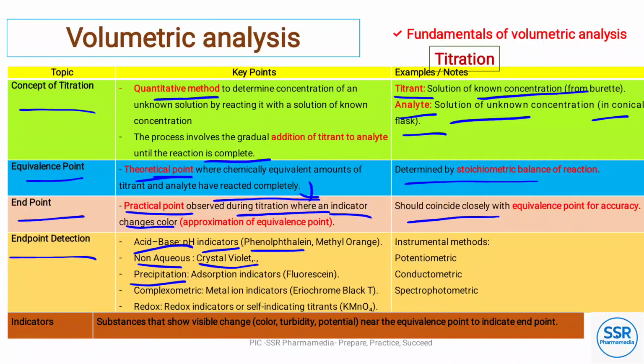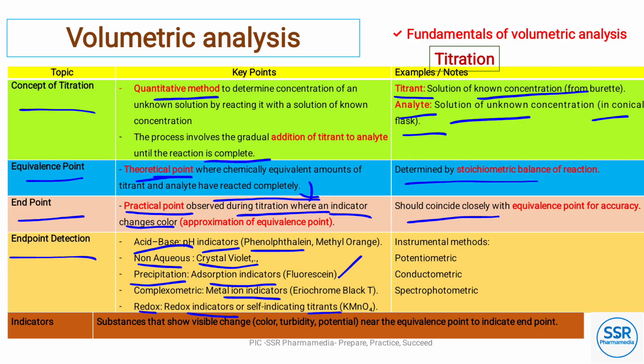In precipitation titration, we use an adsorption indicator called fluorescein. In complexometric titration, metal ion indicators are used, for example Eriochrome Black T. In redox titration, redox indicators or self indicators are used, for example the titrant KMnO4.